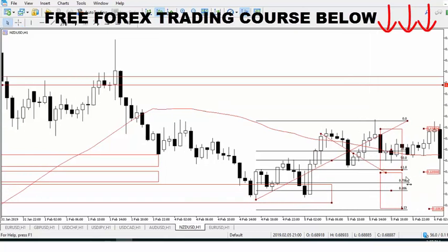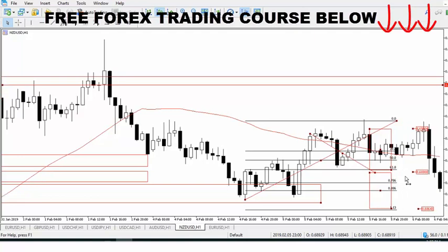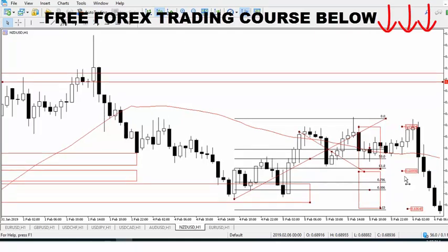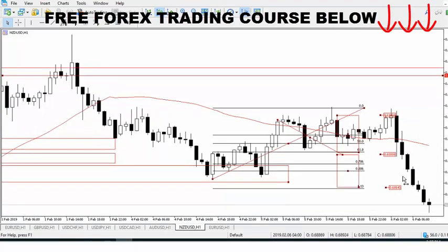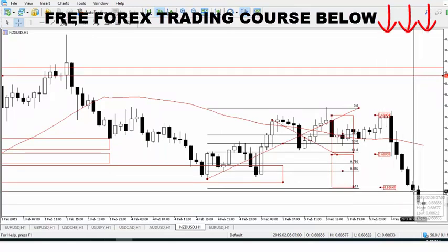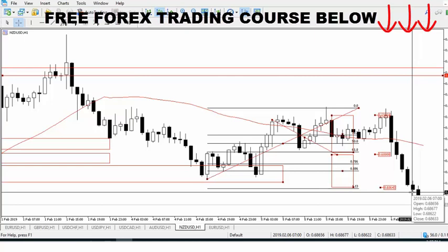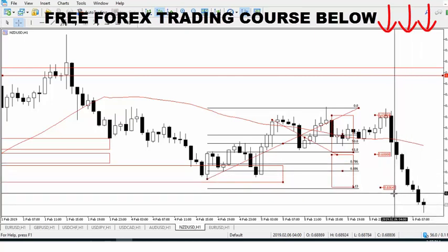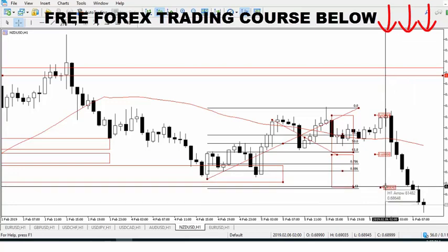You then go bar by bar, identifying whether that trade would have hit targets or hit our stop loss. At this point, we would have hit our stop loss, at 7 in the morning. So at 7 in the morning, we would have had our position taken out.